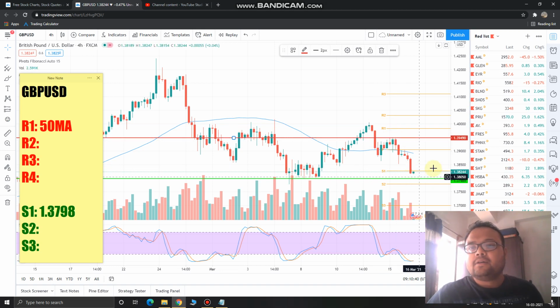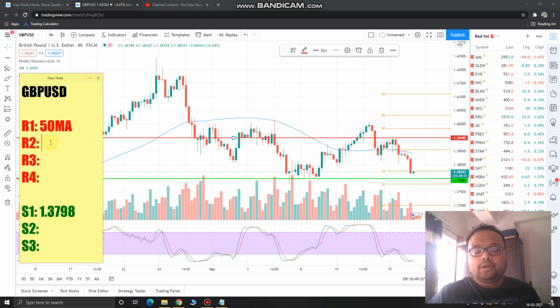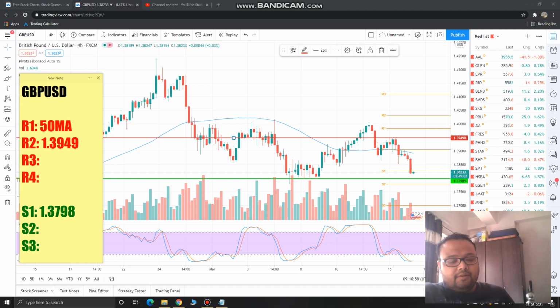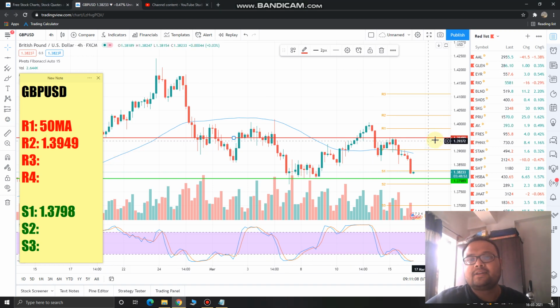In case market bounces from here, and then you just observe how the price is doing at 1.3949 level. Though it is not a strong one, but still I'm mentioning. Just see how the price is doing, because whenever market is in the seller's territory, then these small resistances also work. So market may reverse from here also. So if you see the market is reversing from this small resistance, you can short the market here also.